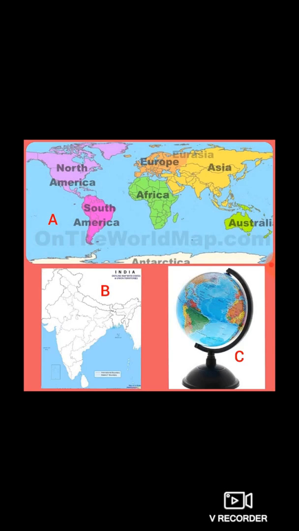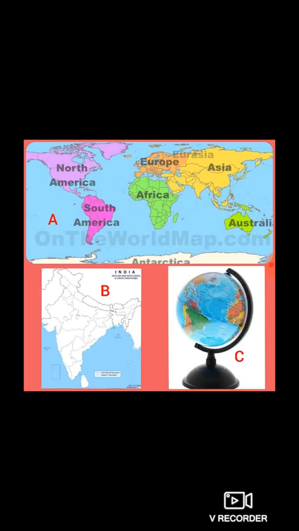Next question. Which device allows you to see only one side of the earth at a time? C, that is the globe. Which device can be used for studying a particular region in detail? B, that is the map of India.